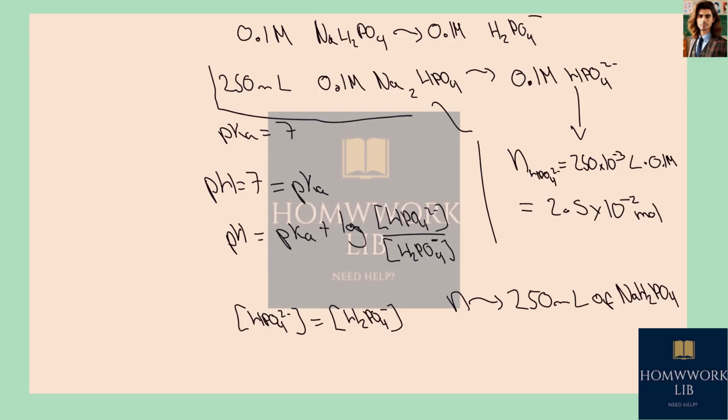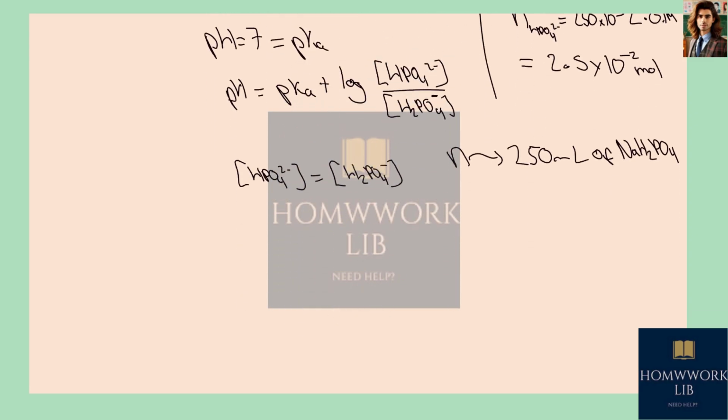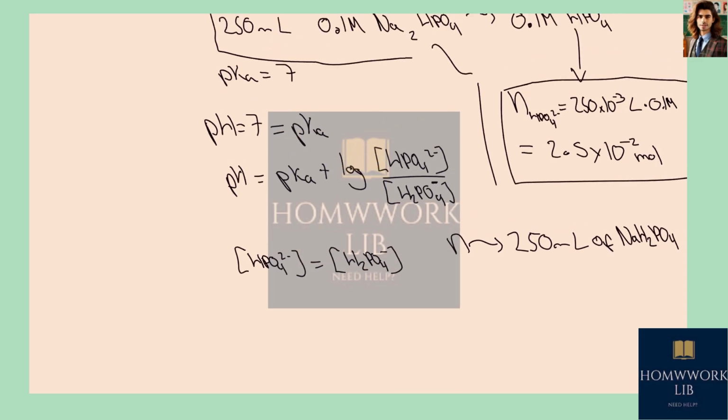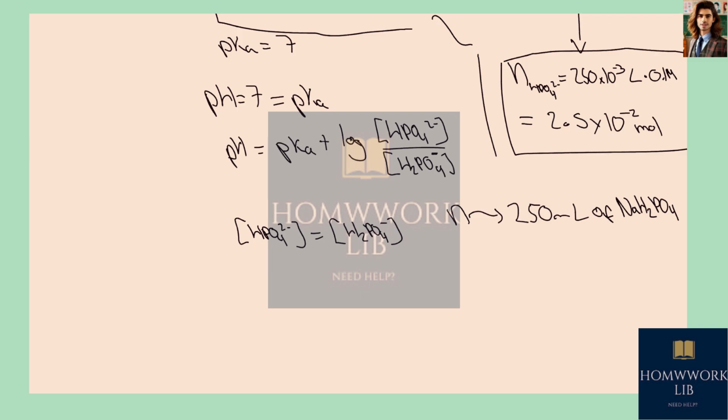Now let's verify what the concentrations are going to be when that happens. The amount of moles for both of the species are going to be equal, since the concentrations we have are the same.